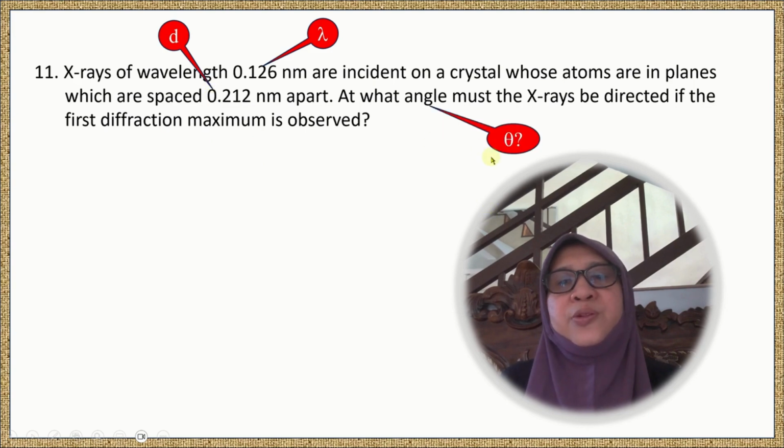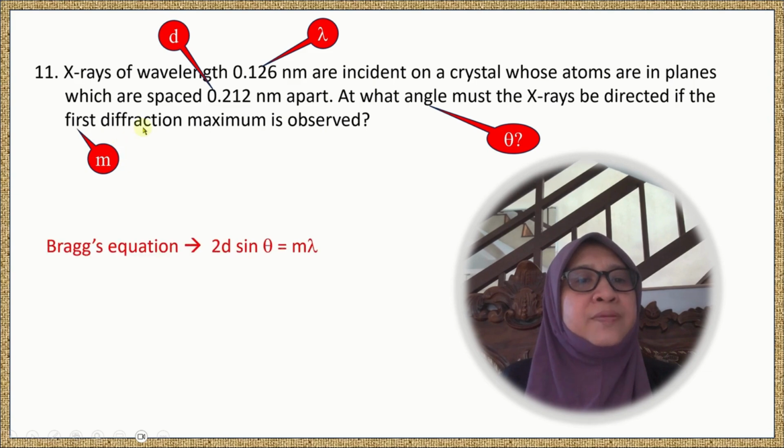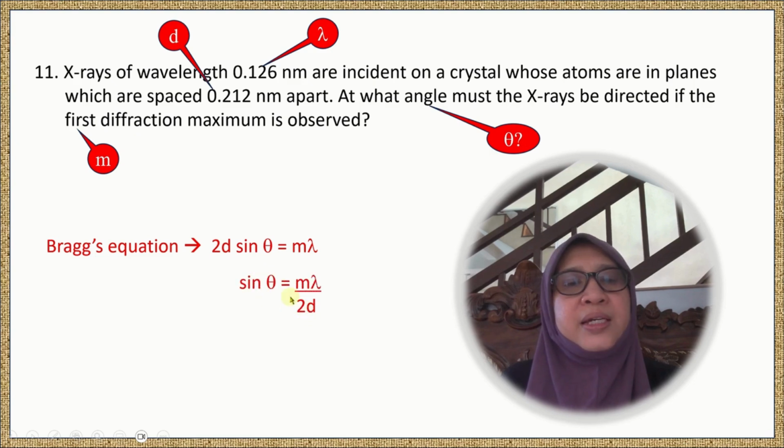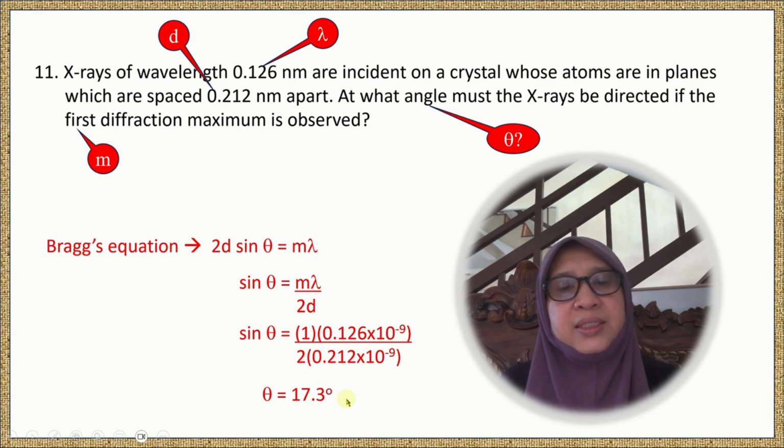So now we are going to find the angle, the diffraction angle. So m is 1, first diffraction. So we use Bragg's equation, 2d sine theta equals m lambda. So sine theta equals m lambda over 2d. So we substitute all the values given in the question. Okay, so we get the angle 17.3 degrees.